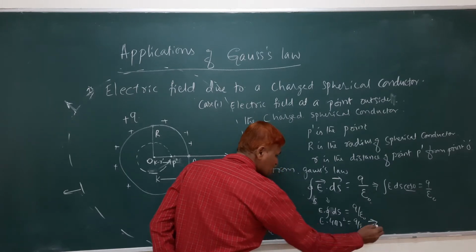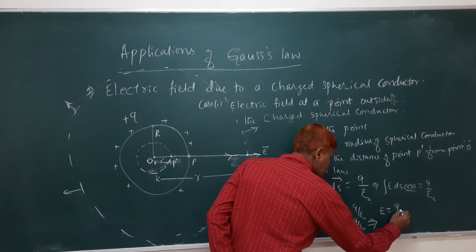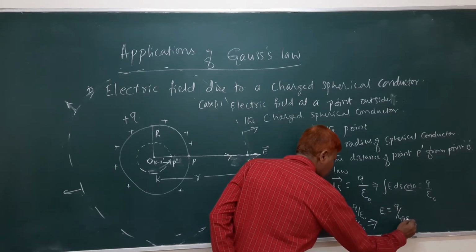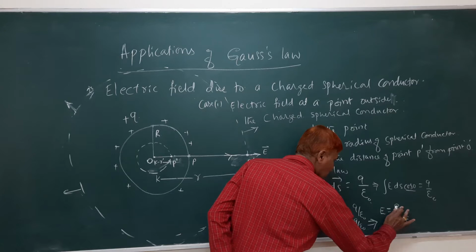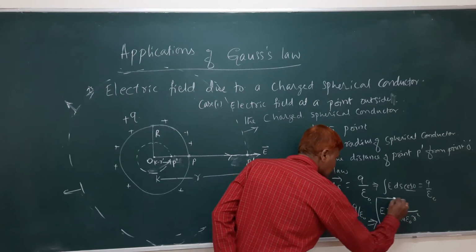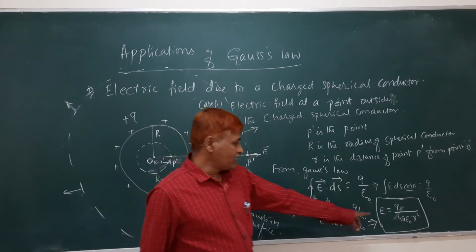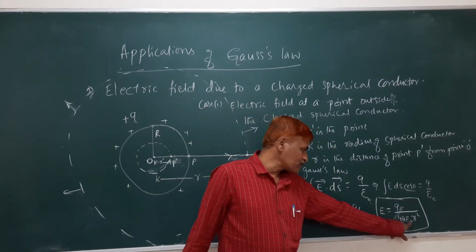This gives E equal to q divided by 4 pi epsilon r squared. This is the result we get.